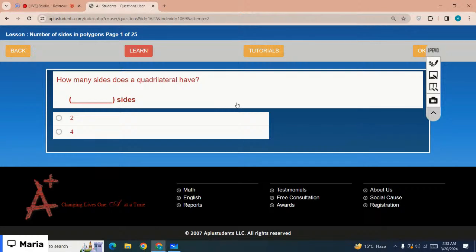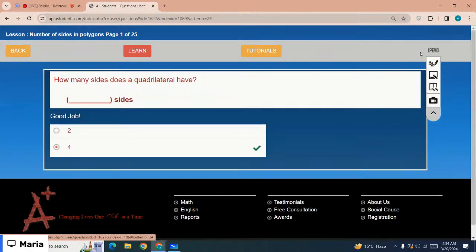So which is the correct option? The correct option is: quad means 4, right? So a quadrilateral has 4 sides, right?